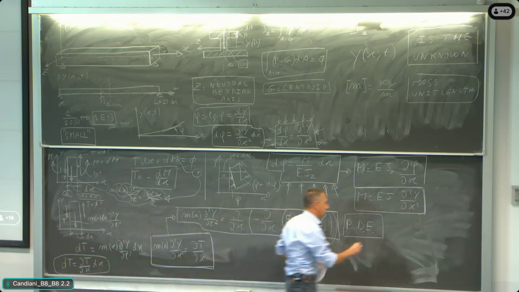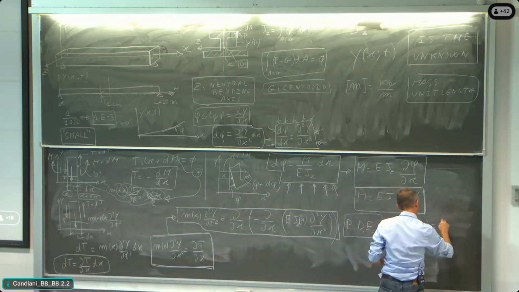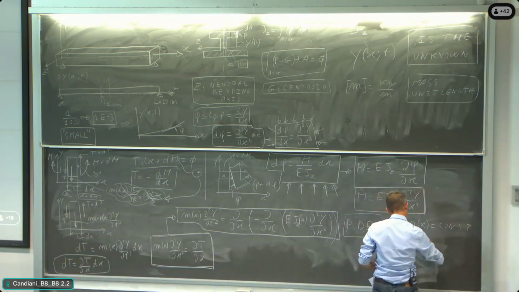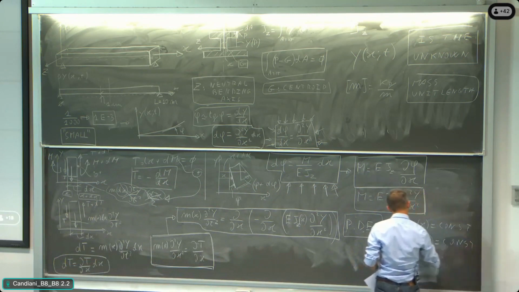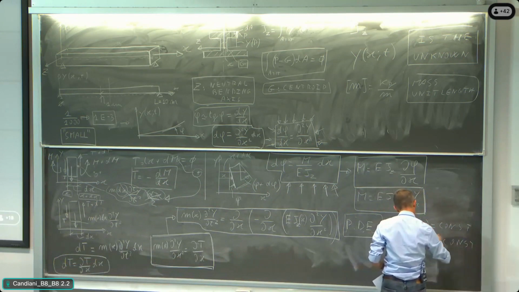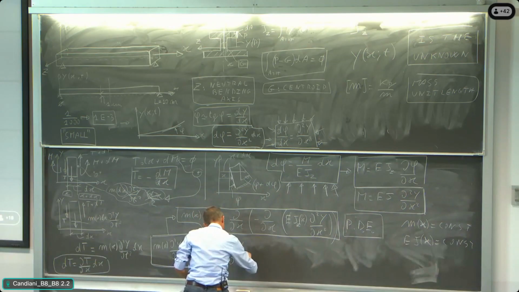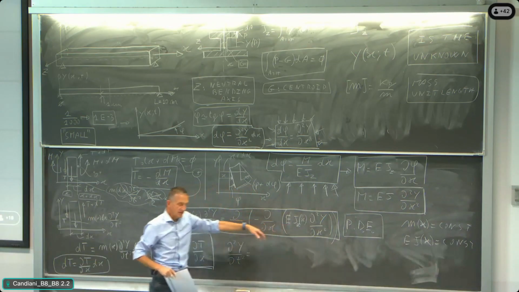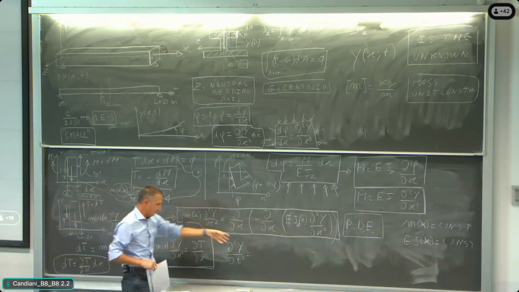So we say that m(x) is constant and EJ(x) is constant, okay? And so we forget, we cancel x. And so at this point, what we write is second order derivative of y with respect to time is equal to EJ gets out of the derivatives, m goes in this side.